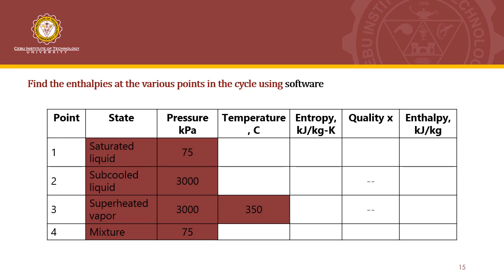So if you look at the given here from the problem, we have a saturated liquid, and we know that we only need one property if it is a saturated liquid. And here it is given that we have a pressure of 75 kilopascal. So we can now get all of these properties using the software by inputting these values for the saturated liquid.